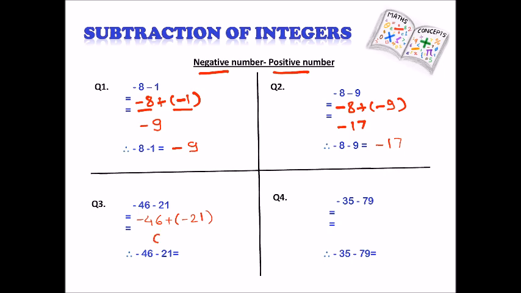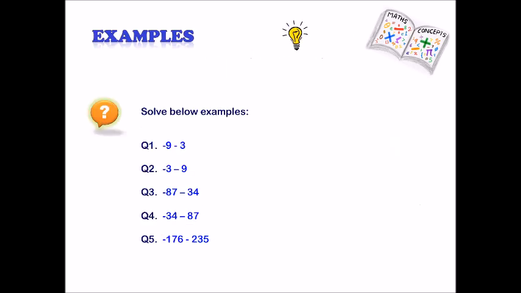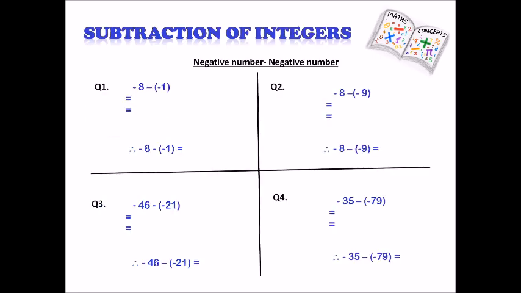Add absolute values and give negative sign to the answer. Minus 35 minus 79 becomes minus 35 plus minus 79. Add absolute values, which gives us 114, and apply minus sign. Okay, again few examples for you to solve. Answers at the end of the video.